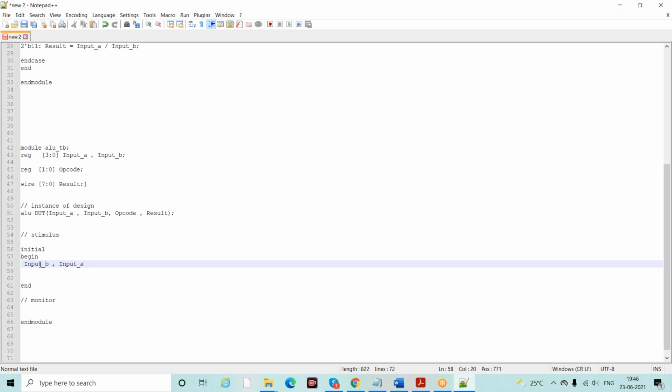This is for our convenience purpose. 4'b, you can give it any value.